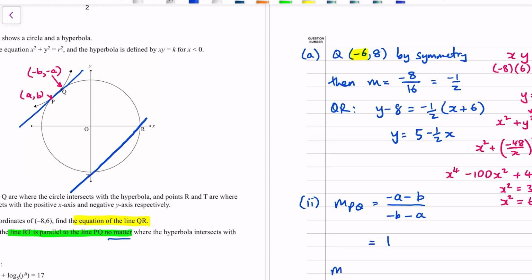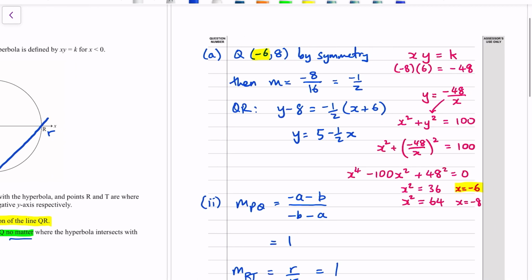And then the slope of RT, well, technically we don't have a radius of 10 anymore because the point is changing. The point P defines the radius. But we could just say the radius is r, and therefore the point T is at negative r, and the slope for that will be rise over run, so it goes out r, up r, so r over r, which also equals 1, and that's our proof.